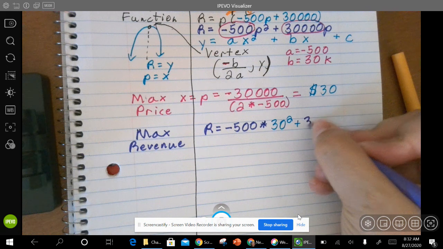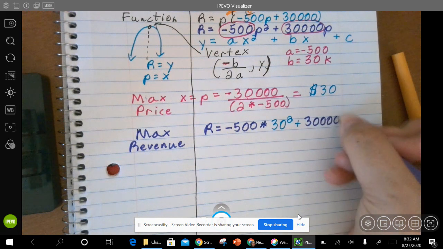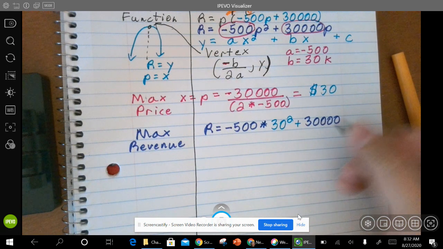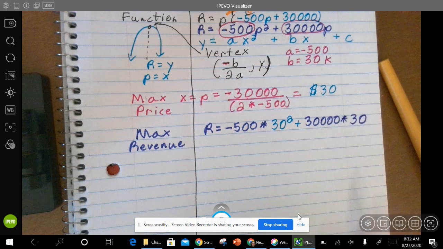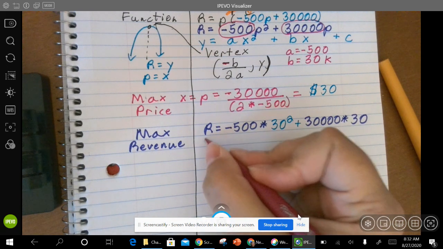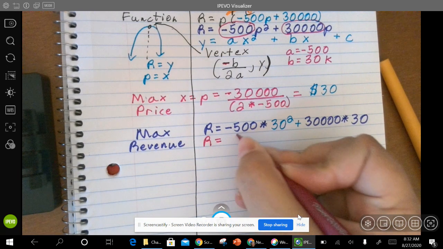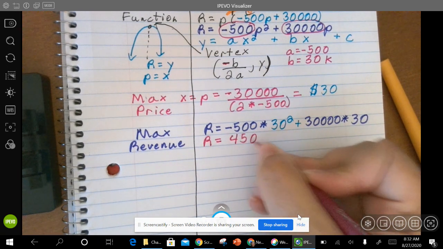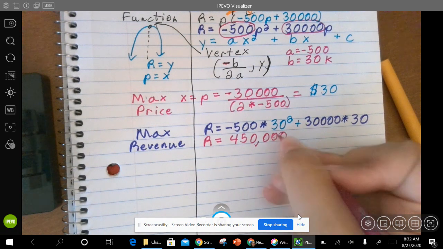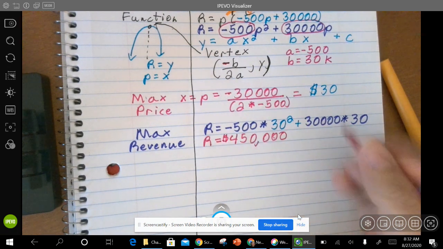Everybody, when you're entering these in, make sure that you count the zeros, so it's 3 and 4 zeros. So we get our maximum revenue is 450,000. Everybody, that's our maximum revenue.